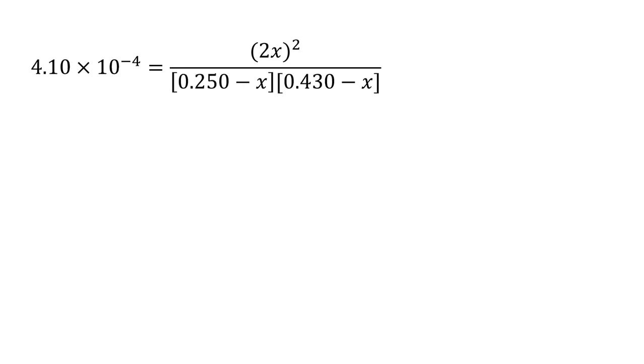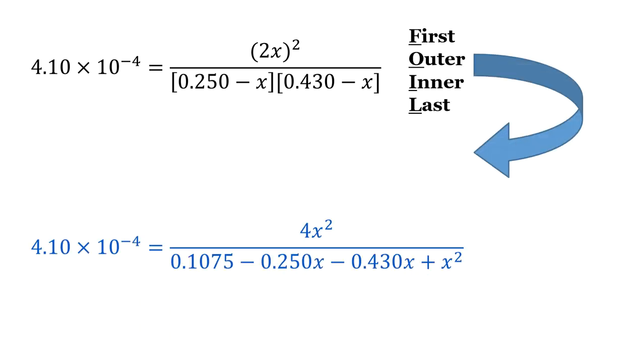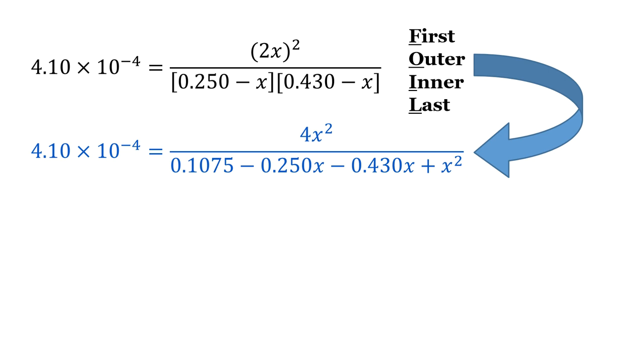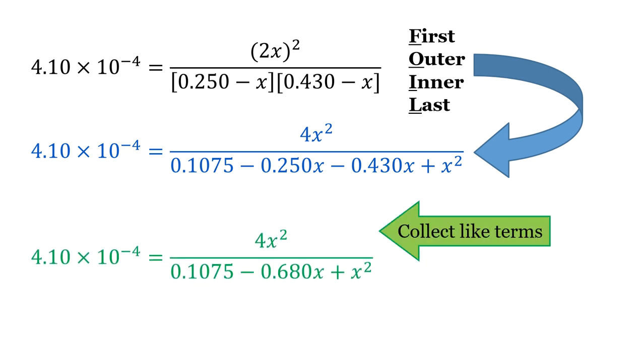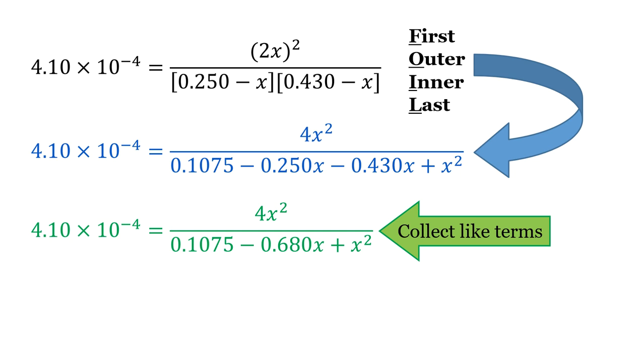The black equation contains the data from the ICE table. To get to the next step, listed here in blue, we have to FOIL out the terms in the denominator. First, outer, inner, last. Then we collect like terms, those terms that are raised to the same power of X. This gives us the green equation.